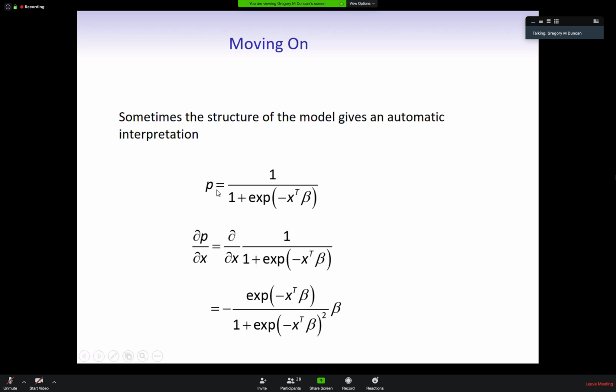So recall that p is the expected value of y given x, and that we're now saying it has this logistic regression form. Let's take the derivative. So we take the derivative of the probability with respect to x, and we get this. Make sure that you take this derivative and convince yourself that this is the case, because you're going to use this a lot.